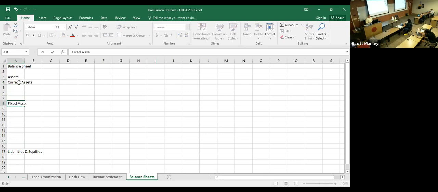Fixed assets come next. Other assets come next. And by the way, since we've now broken them out, we need to bring them back together. So we're going to have total assets.